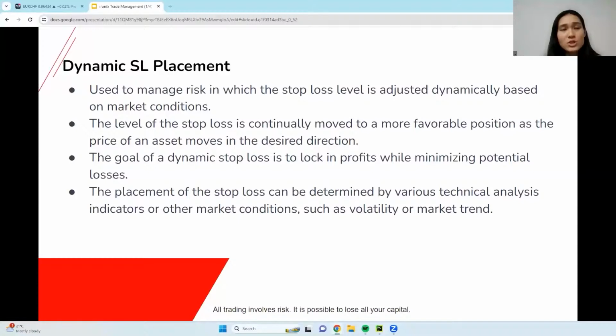The level of the stop loss is continually moved to a more favorable position as the price of an asset moves in the desired direction. The goal is to lock in profits while minimizing potential losses. The placement of the stop loss can be determined by various technical analysis indicators or other market conditions, such as volatility or market trend.